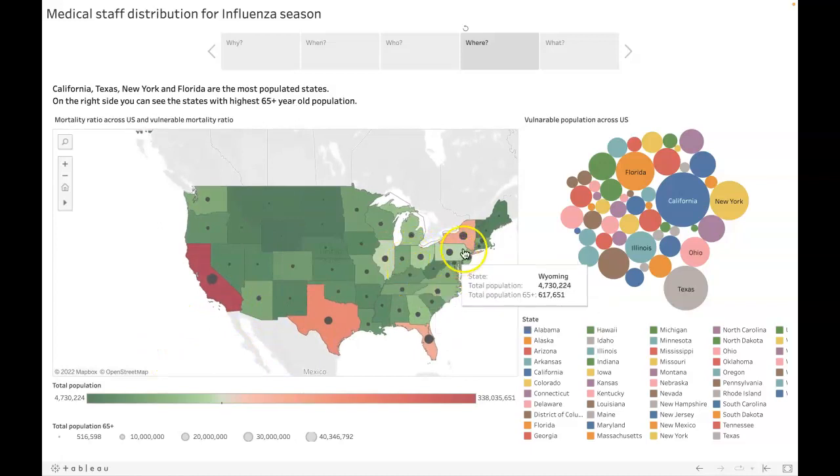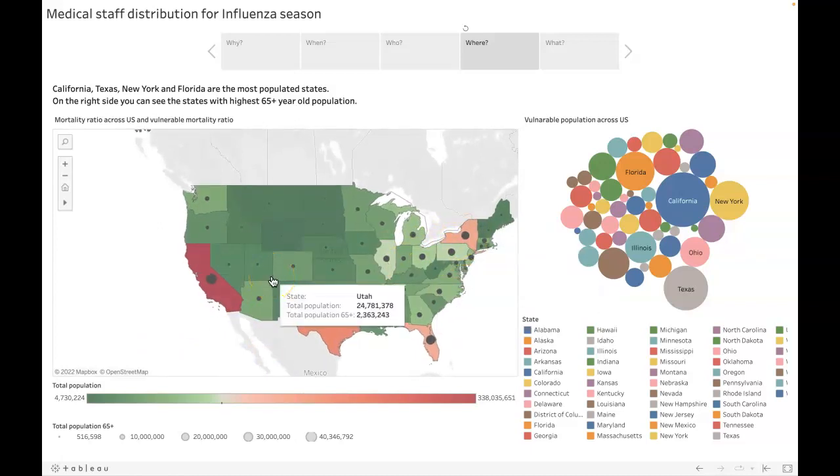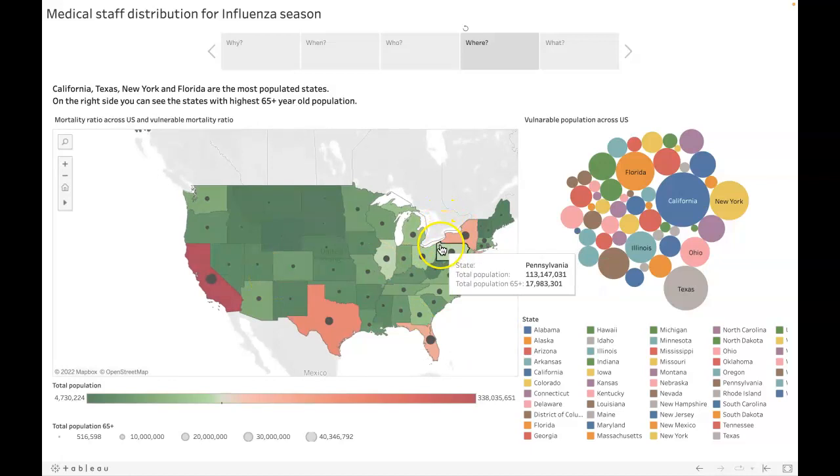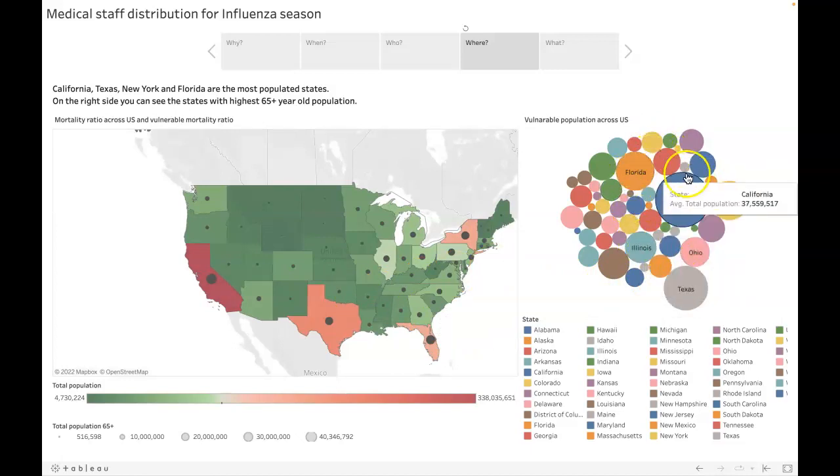According to the population data, these top 5 states, along with Pennsylvania, Ohio, and Illinois, have one of the highest vulnerable populations. Similar is shown clearly here, that California has the highest number of vulnerable population, followed by Texas, Florida, New York, Illinois, and Ohio.